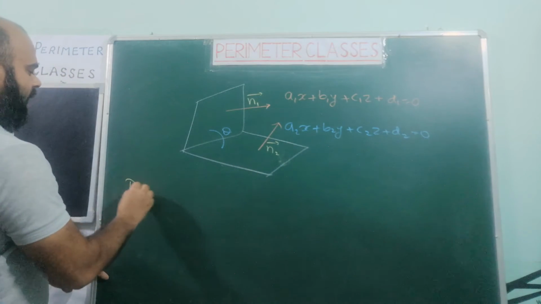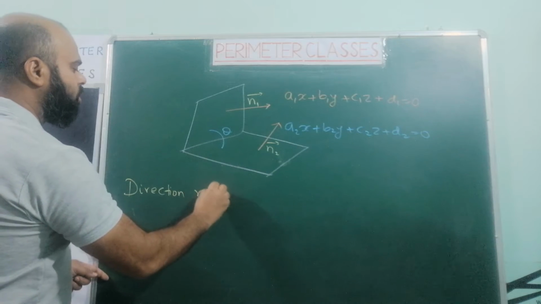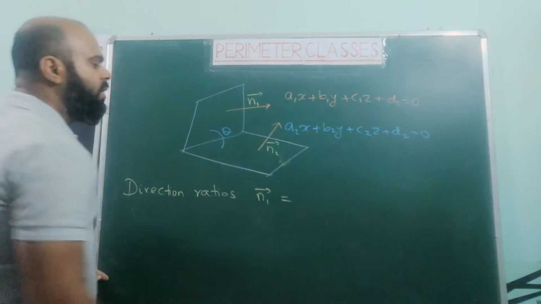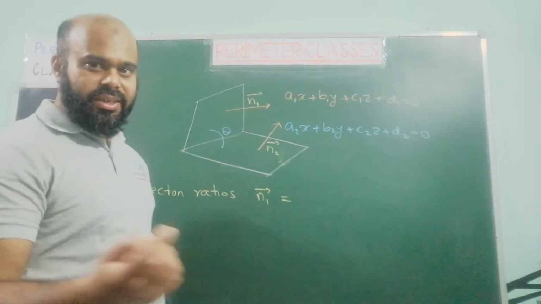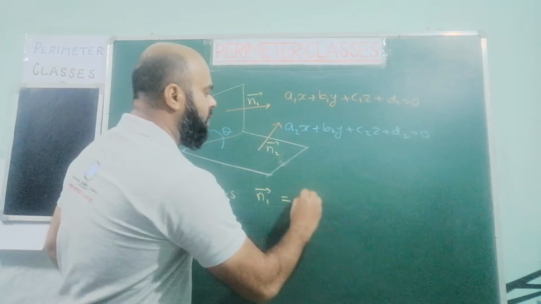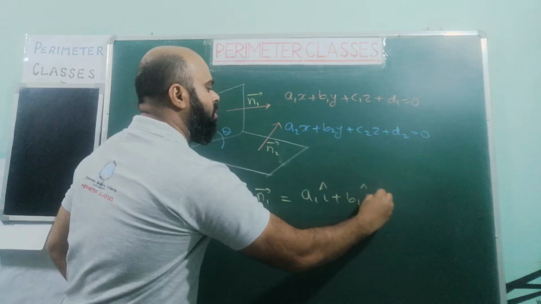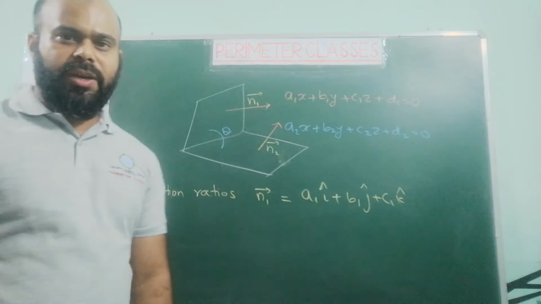If we talk about direction cosines, or direction ratios also we can take. The direction ratios of n1 are actually the coefficients of x, y and z that we studied in earlier lectures. So a1 i cap plus b1 j cap plus c1 k cap is a normal vector to the first plane.